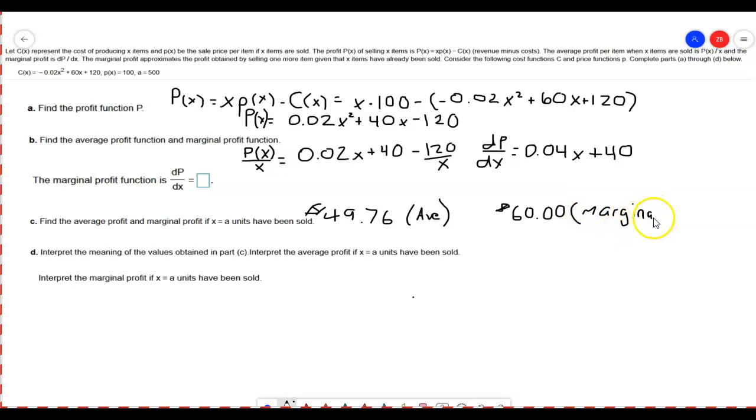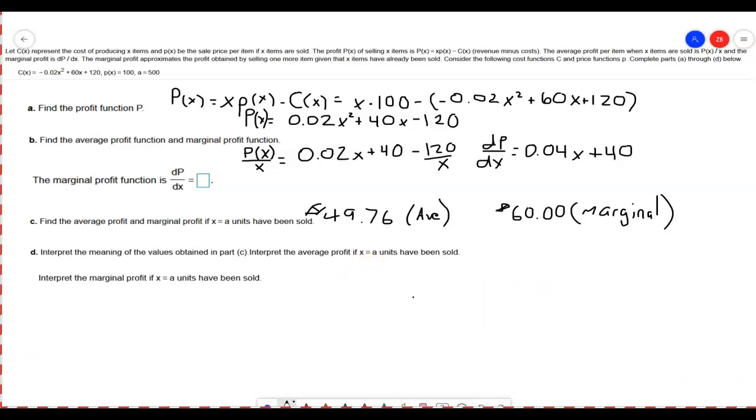All right, well, what does all this mean? Let's go ahead and try to interpret this. As far as the average profit, the way that we would interpret that is that the average profit per item for each of the first 500 items produced is $49.76.